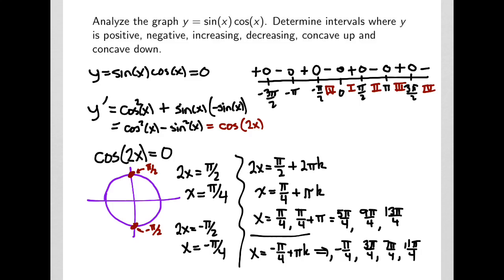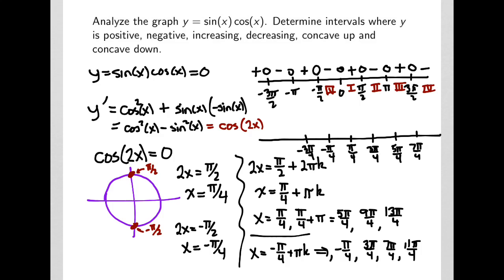So if I were to go and do my sign analysis for y prime, I would need to include every odd pi over 4. So pi over 4, 3 pi over 4, 5 pi over 4, and so on as I go around, and negative 3 pi over 4.